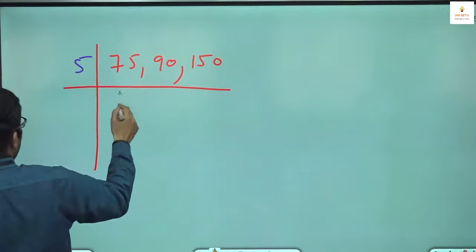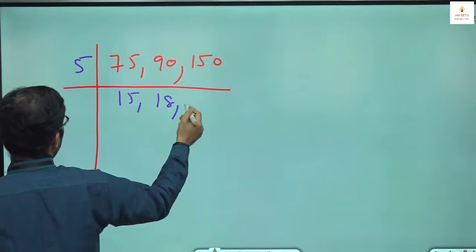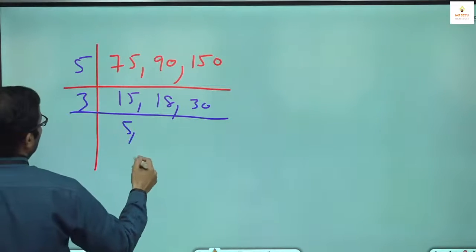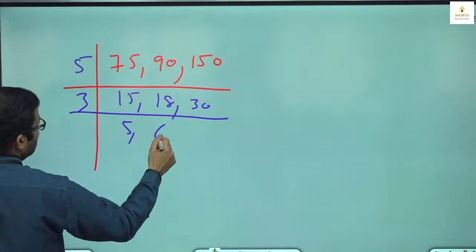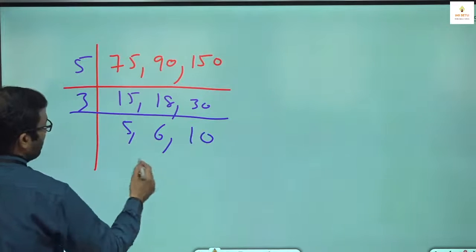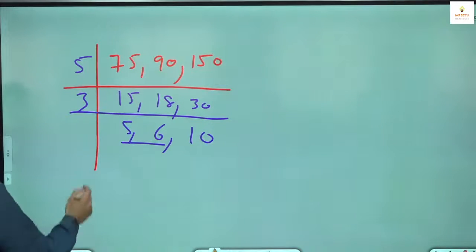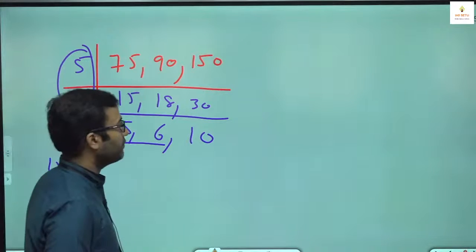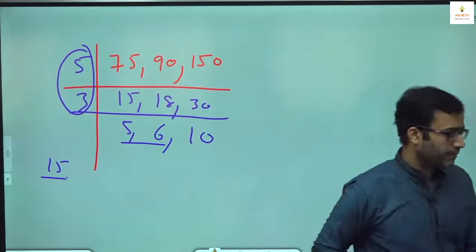Try with 5, 15, 18, 30. Then 3 also. 5, 6, 10. 5 and 6 we don't have a common factor. So 5 into 3, 15. So the HCF of 75, 90, 150 is 15.